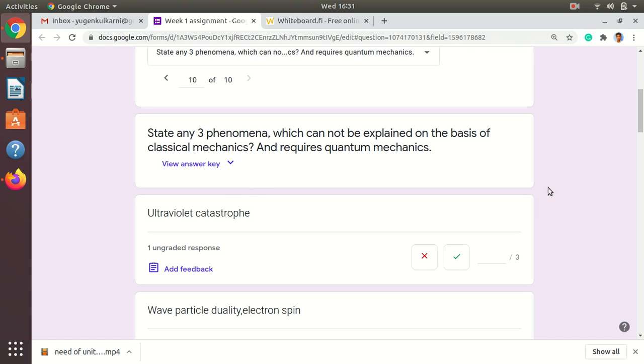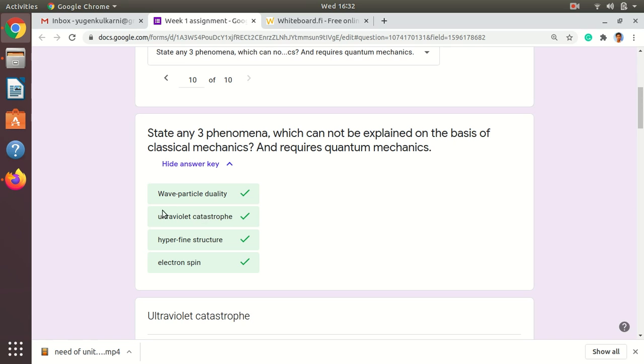Basically I proposed 4 ideal answers, but you can also add other properties or phenomena, like wave-particle duality, which also explains the photoelectric effect and Raman effect. Those answers are also correct if you have written them specifically. Ultraviolet catastrophe, which we also discussed last week.